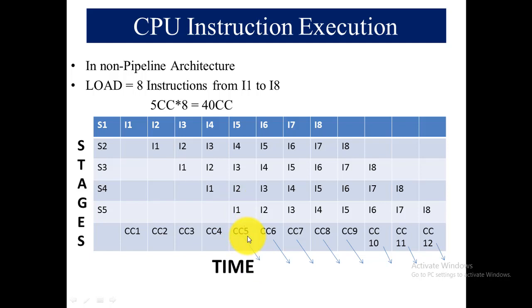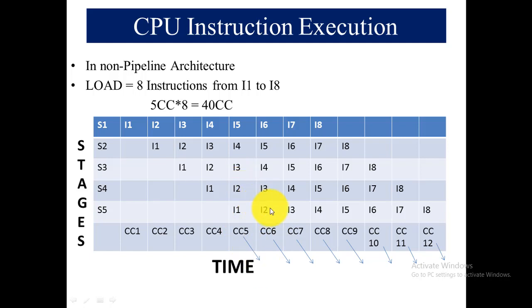It will come out from the processor and produce the output. So the first instruction is completed in 5 clock cycles. After that, in the next clock cycle, the 6th clock cycle, obviously instruction 1 has moved out from the phase diagram.